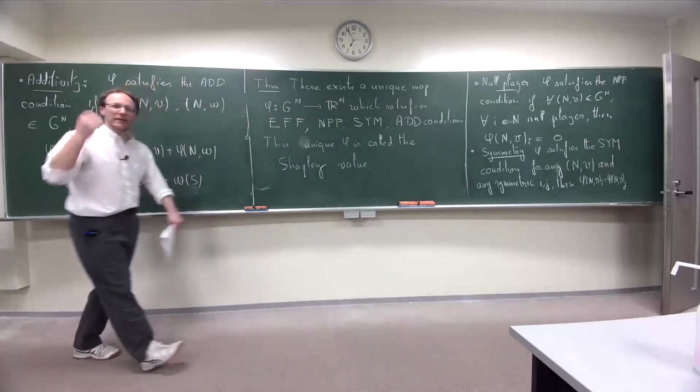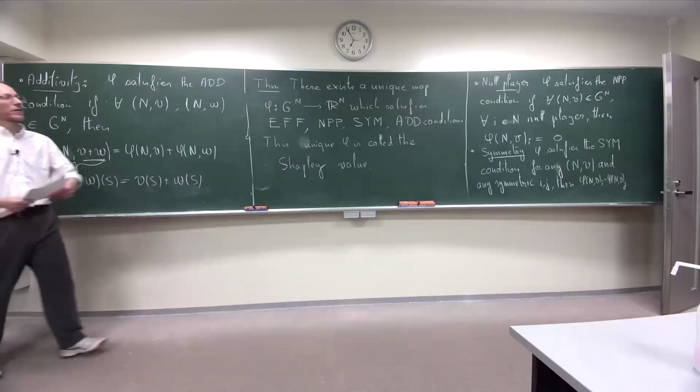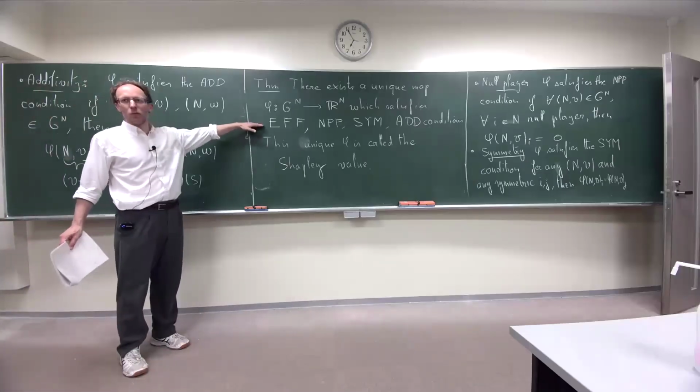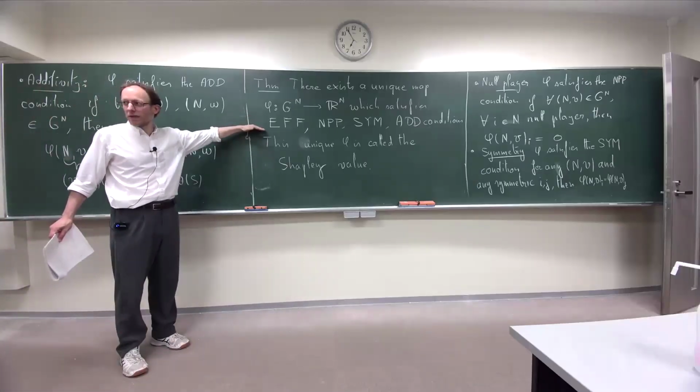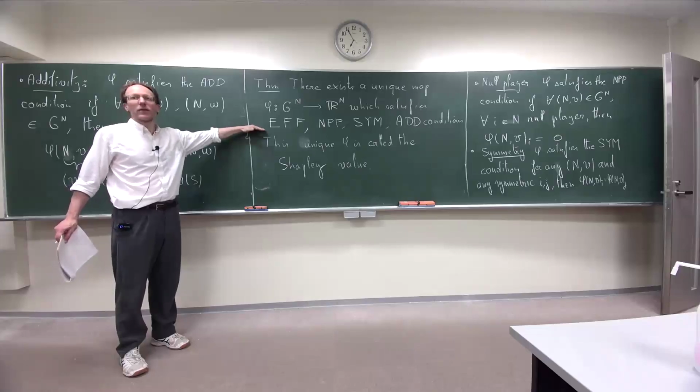So how should you understand this? It means if you believe in these four properties, or if you want to impose these four properties, there is only one way to distribute the money or the utility.